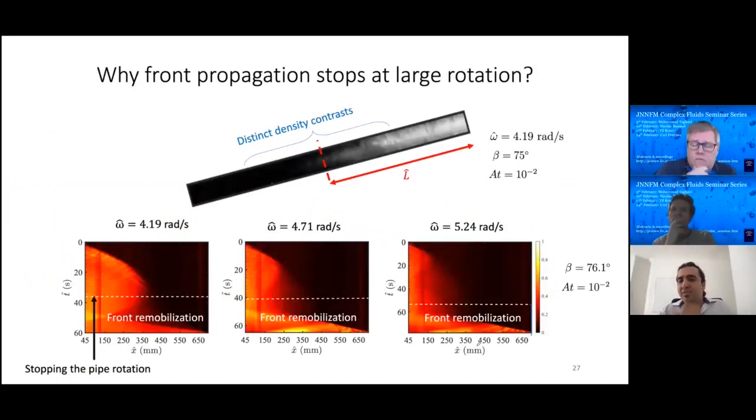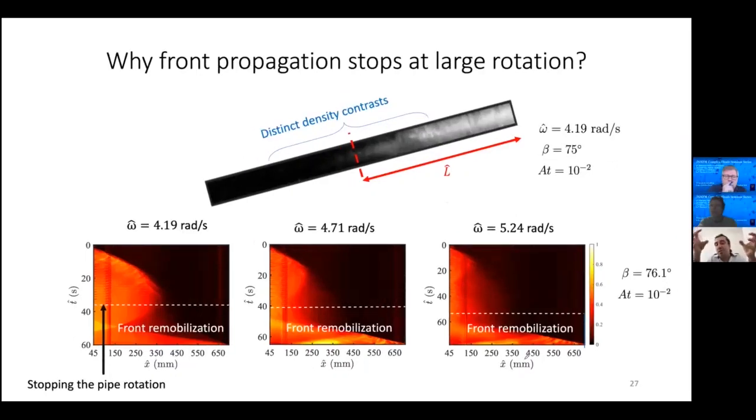So we have so far attributed the decrease in the front velocity to the rotation effect, to the mixing between the two fluids. But this alone cannot explain why the propagation, or the large scale penetration of the fluid, stops at large rotation.